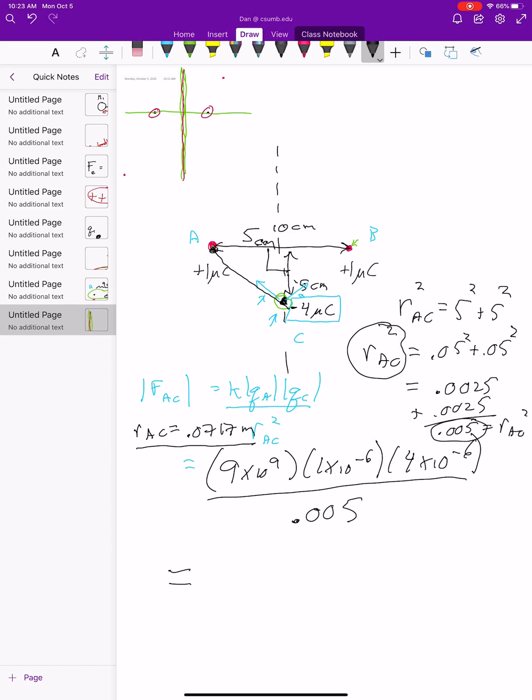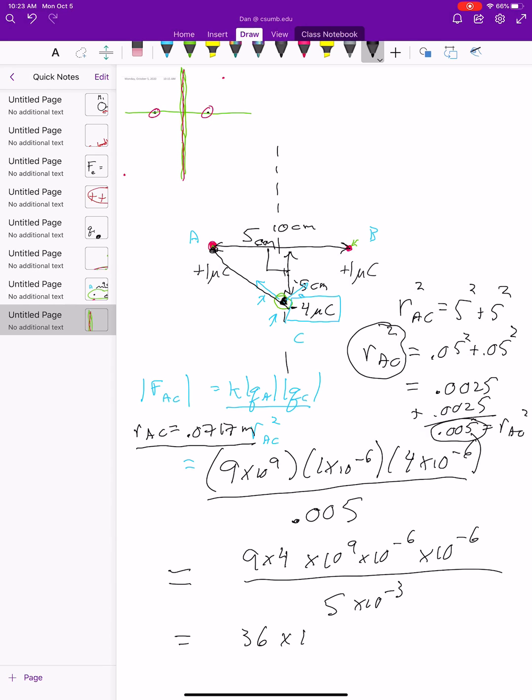Then I have to multiply them all together. On top, I have 9 times 4 times 1 times 10 to the ninth times 10 to the minus sixth times 10 to the minus sixth. And on the bottom, I have 5 times 10 to the minus 3. So let's see what I have. I have 36 on top times 10 to the minus 3.